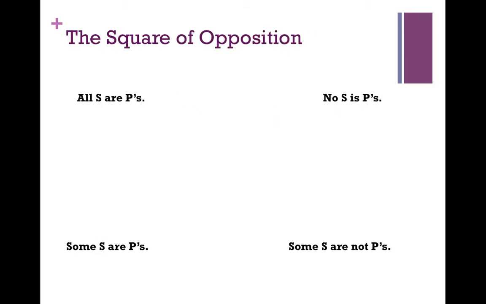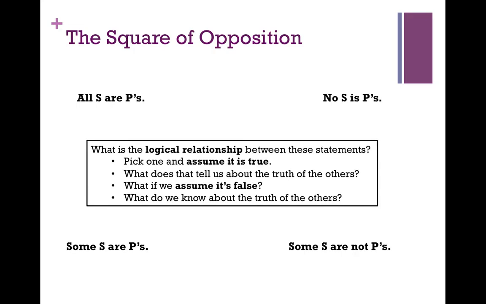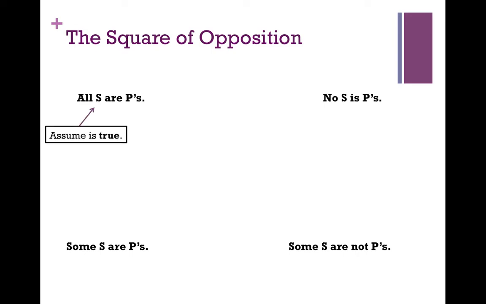We're going to be looking at the four categorical propositions that we've discussed so far, A, E, I, and O. And we're going to be asking about the logical relationship between these statements. The way we're going to do that is we're going to begin, and you can start anywhere you want, but we're going to start with A form propositions and just say, okay, let's assume this is true.